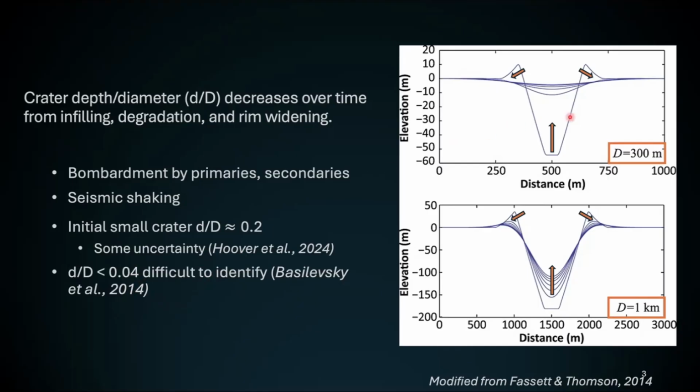And on the right here, there's a model from Fassett and Thompson showing that the process of depth diameter decreasing over time is diameter dependent. So for the same interval of time, a 300-meter crater will see significantly more change to its depth to diameter ratio than a 1 kilometer crater.